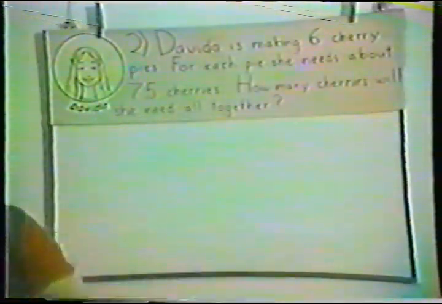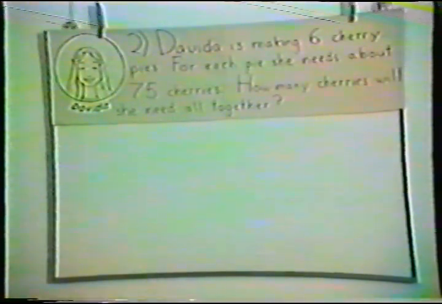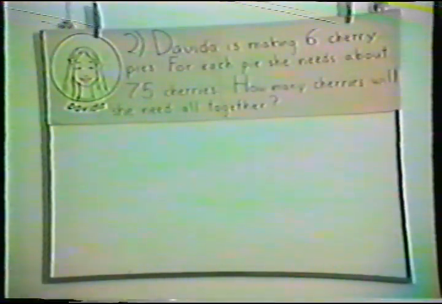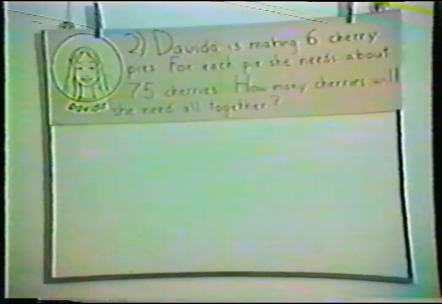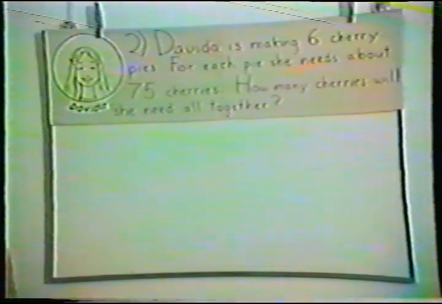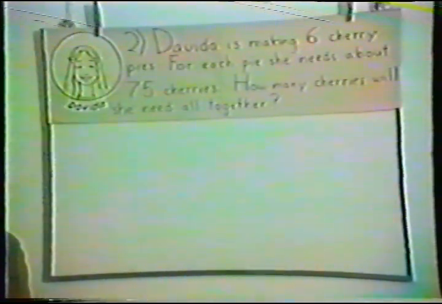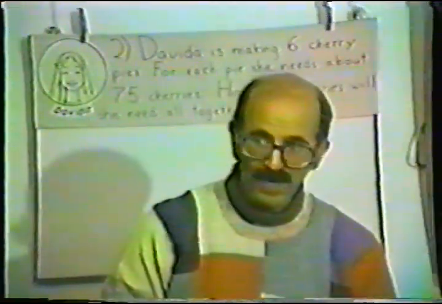Davida is making 6 cherry pies. For each pie, she needs about 75 cherries. How many cherries will she need all together? She's going to make 6 pies.